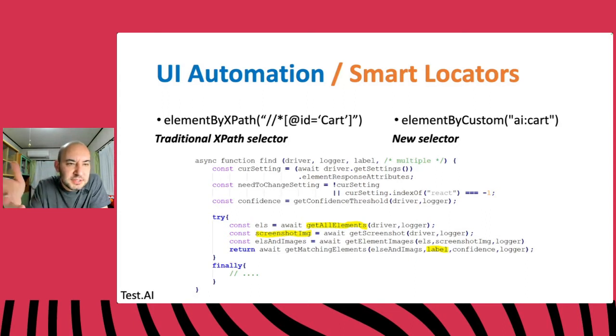You can pass the type of the element, like an input or button type element, and you can pass some other attributes, like the ID or something else. Even that one is already better than the primitive approaches, but still very problematic, right? Because most of the time the developers are changing the layout of the page, so all your DOM structure is already broken.